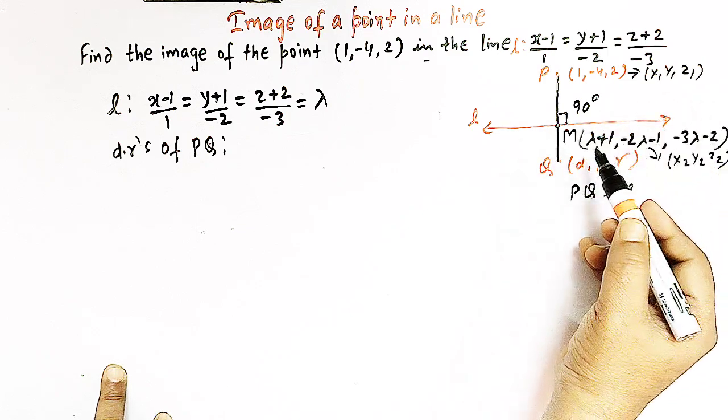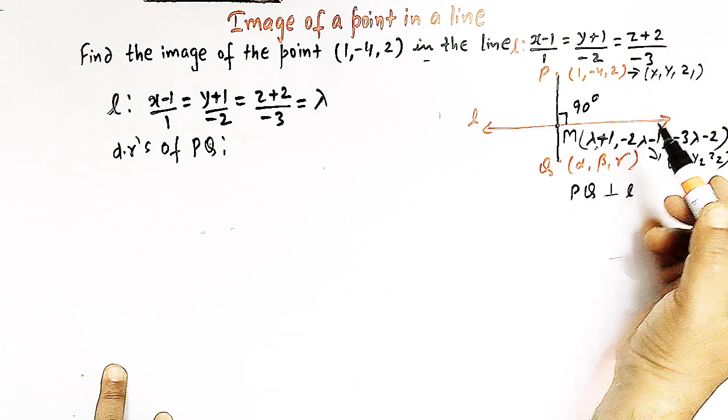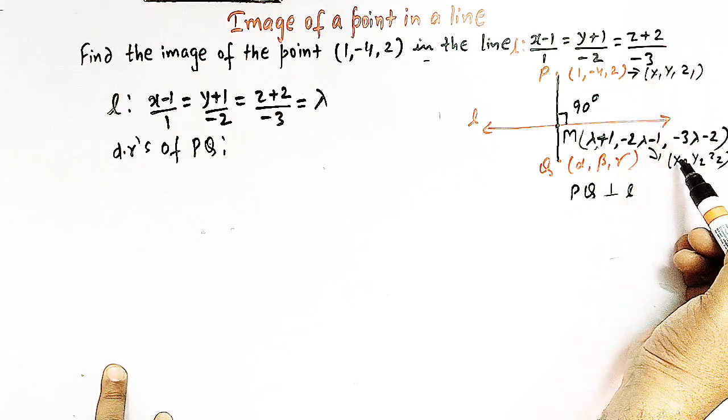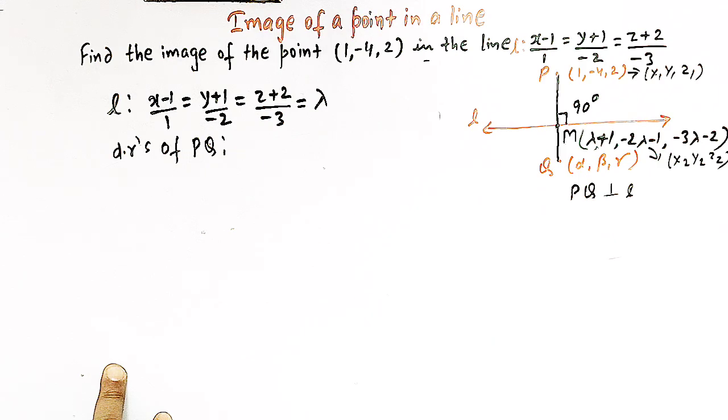Because we know that the direction ratios of a vector or a line are given by the difference of the coordinates when the 2 points are lying on the line or on the vector, right?